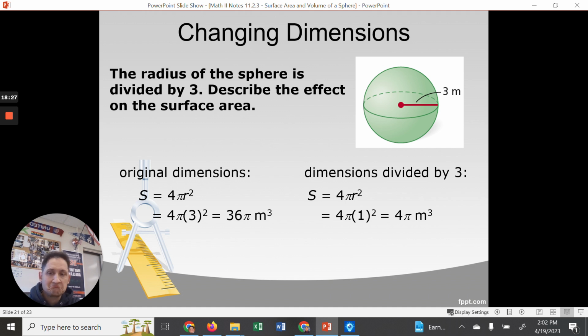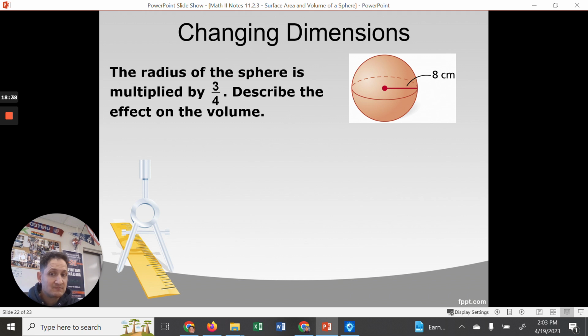But you should know. Oh, scale factor 3. Area is affected by 3 squared. 9. And, of course, volume. It's volume, scale factor cubed. You know how I know that? Because we did this one already.